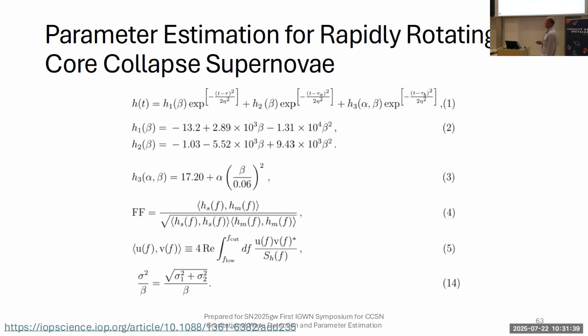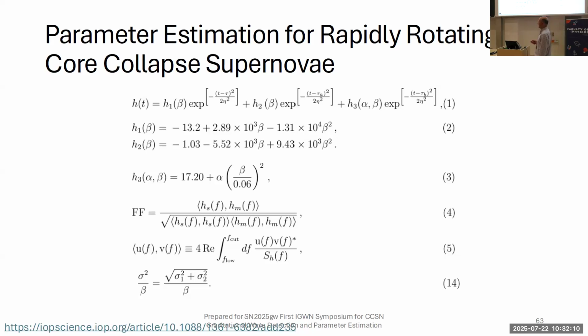And this is a brute force effort to actually use a phenomenological analytical waveform, where the three peaks have a dependence with respect to beta. This was motivated by a scatter plot that you can find in the paper by Richards and by Mikhamov. And yesterday I saw a few more of these waveforms.